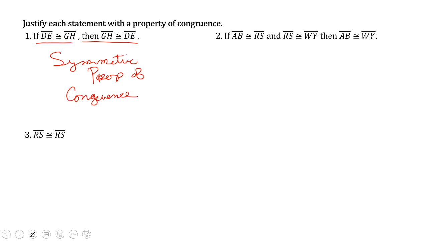Okay, second one. If segment AB is congruent to segment RS, and if segment RS is congruent to segment WY, then segment AB is congruent to segment WY. This is our transitive property.